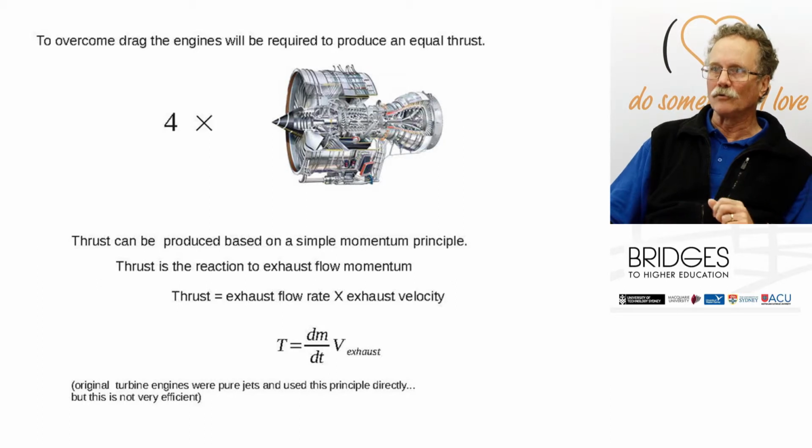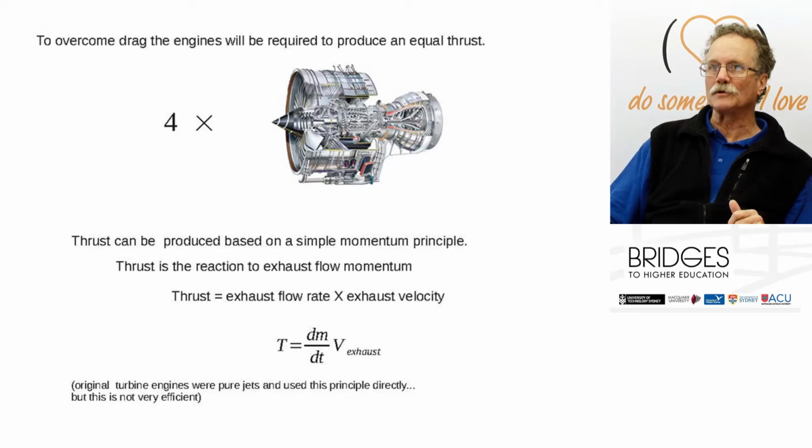That's the momentum part of it. The reaction to that will be the thrust produced by the engine. So that's a straight application of Newton's principles. This is a simplification. We'll go into a little bit more detail on modern engines in a minute, but this is an original turbine type solution where it's just a pure jet. You suck the air in, you burn the fuel and you accelerate the flow out.